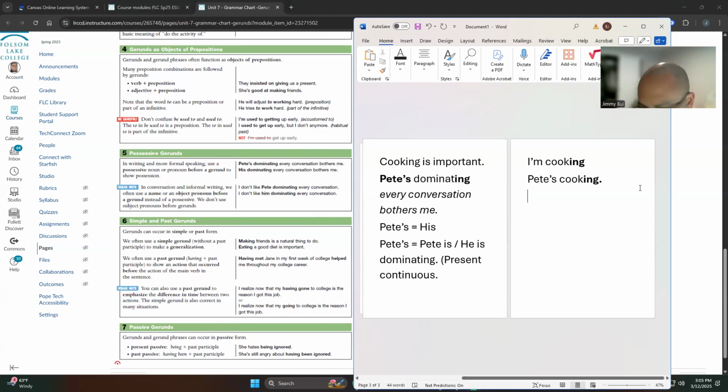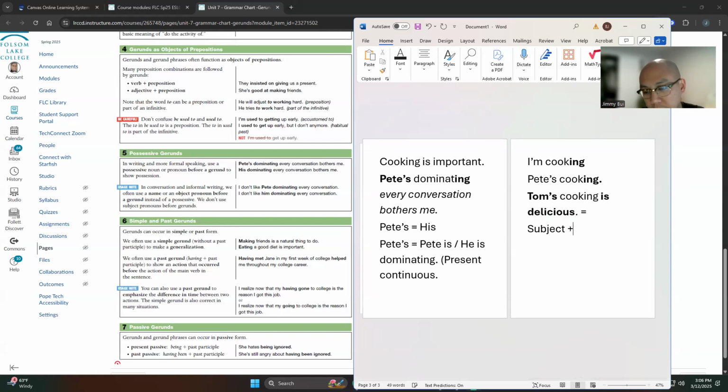So just to give some examples, let's say Tom, right? Tom's cooking is delicious, right? And so again, Tom's can be viewed as Tom is cooking right now, but because we have the verb be here, this is the main verb, and an adjective.